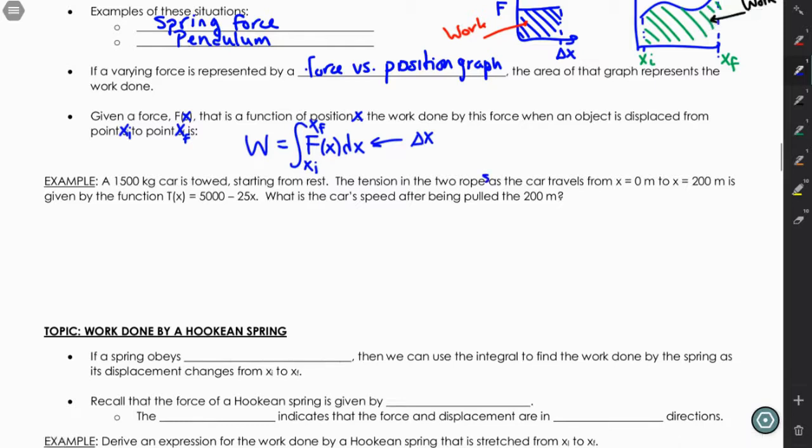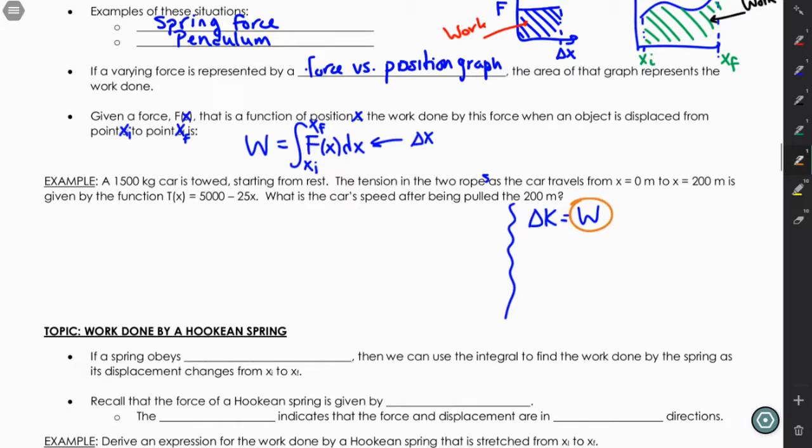The tension in the two ropes as the car travels from 0 to 200 meters is given by the function T of x equals 5,000 minus 25x. What is the car's speed after being pulled the 200 meters? Again, this question is going to come back to delta K equals W. So what we need to first determine is W, so that we can use this relationship.